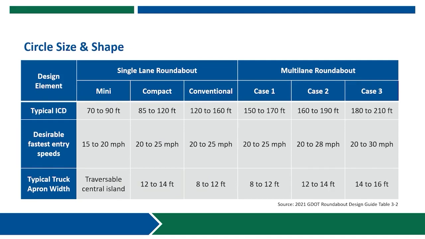Typically, a compact roundabout will not accommodate a larger tractor trailer, say a WB62 or a WB67, without over-tracking the outside edges of pavement or curbs. A lot of times we accommodate these larger vehicles at small circles using raised truck blisters or outside truck aprons to compensate for the smaller ICD.